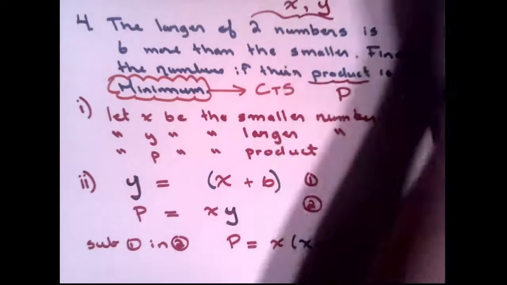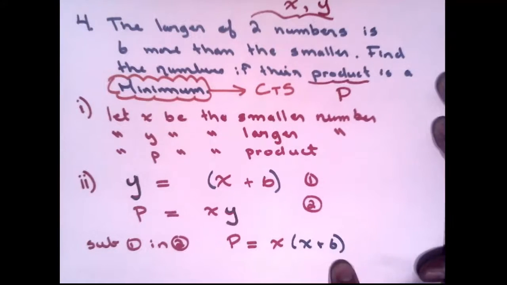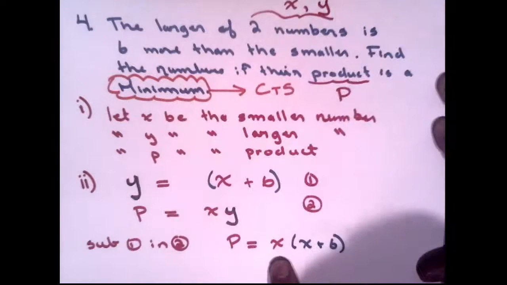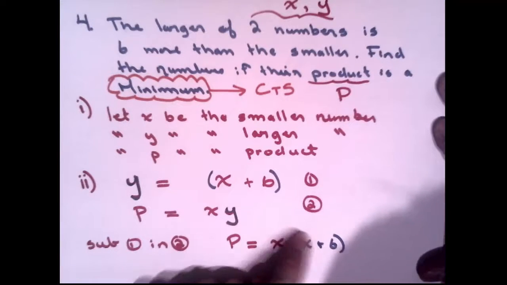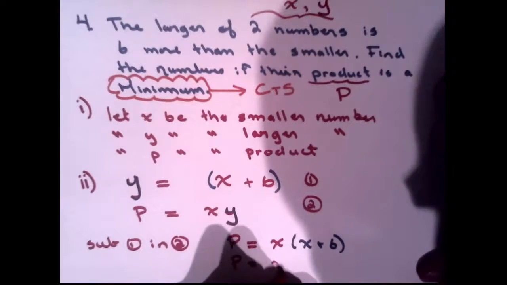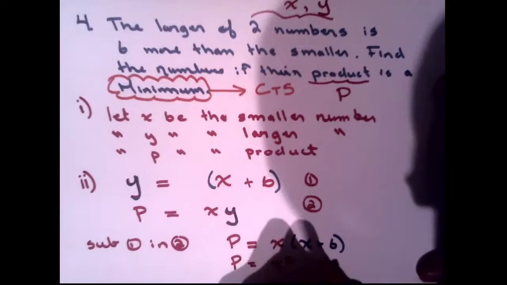Okay? Now we notice we'll have an equation with one independent variable and one dependent variable, which you need before completing the square. All right? You need to distribute here. So x times x times 6. Let's work that out. P equals x squared plus 6x. All right.